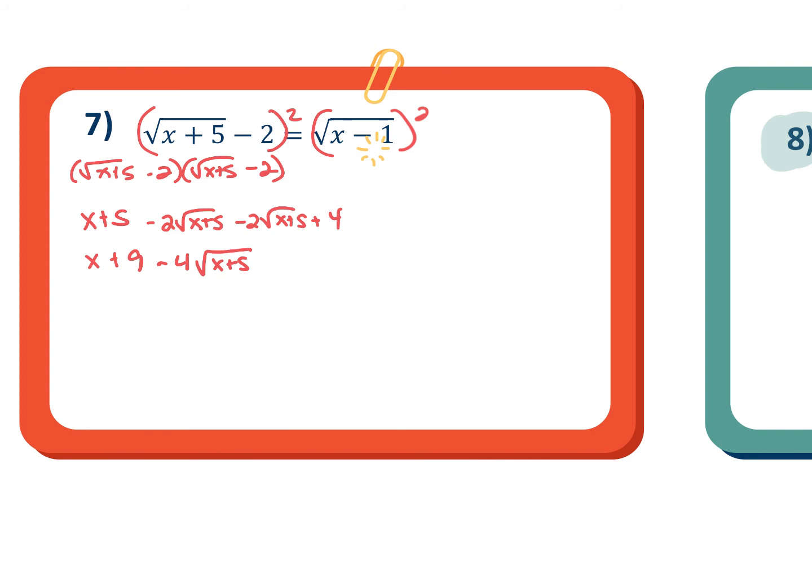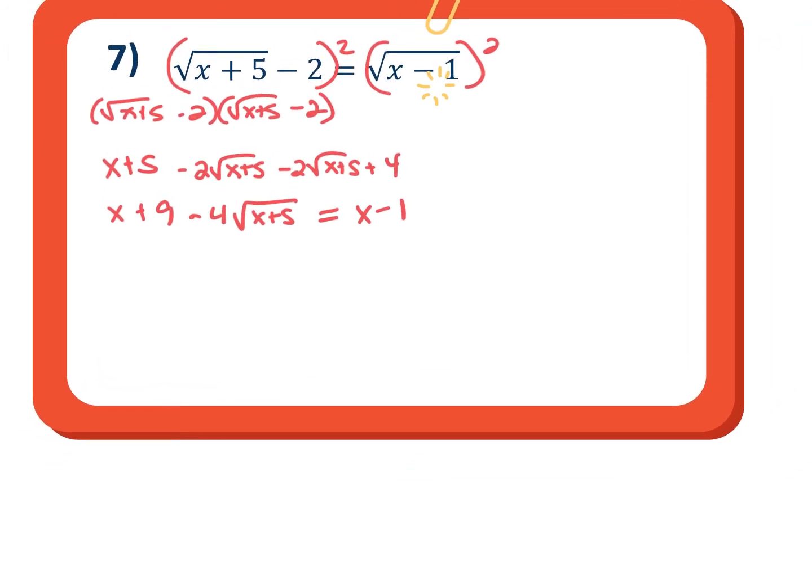On the right-hand side, the square root of x minus 1 squared, the square root cancels, and I get just x minus 1. Then I'm going to move everything to the same side again except for the square root. So I'm going to subtract the x and the 9. And I get negative 4 square root of x plus 5 equals, these cancel this time, and I get negative 10.